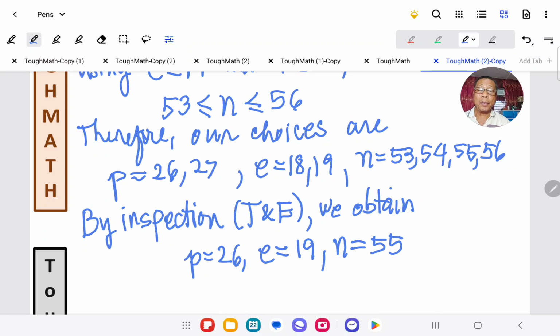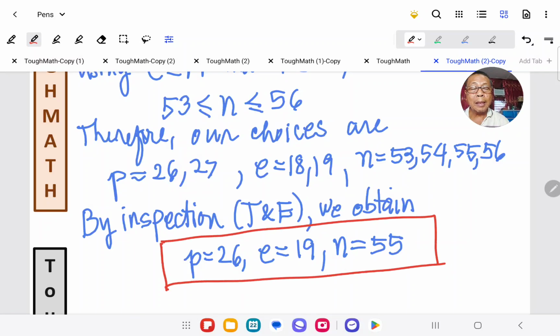So these are our unit costs. A pencil costs 26 pesos, an eraser costs 19 pesos, and a notebook costs 55 pesos. So let us highlight these answers. These are our answers. Note that if you add them, they equal 100 pesos.